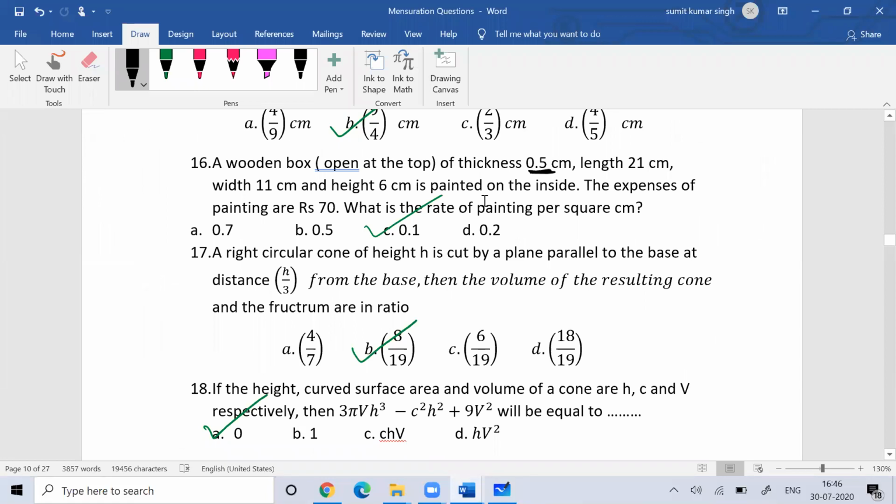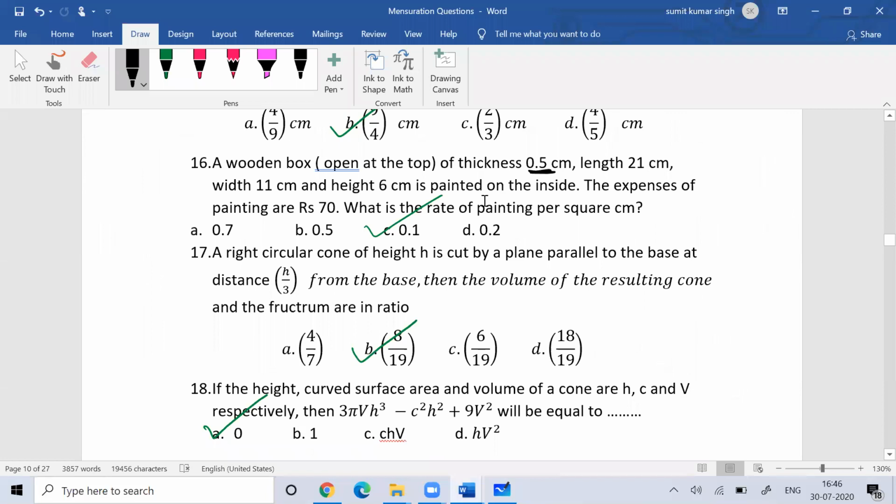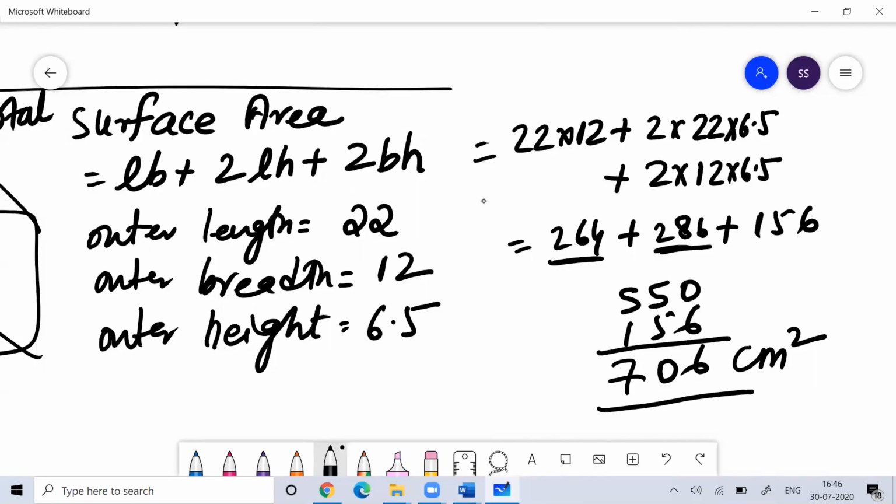Now the expense of the painting is 70 rupees. So you are paying a total of 70 rupees.